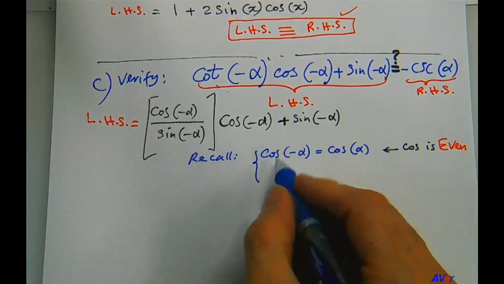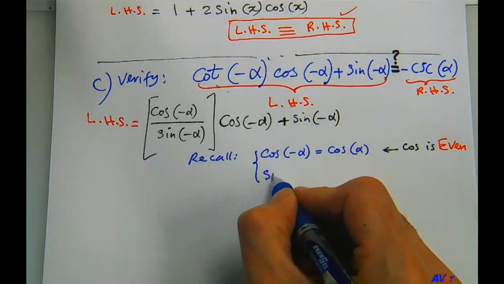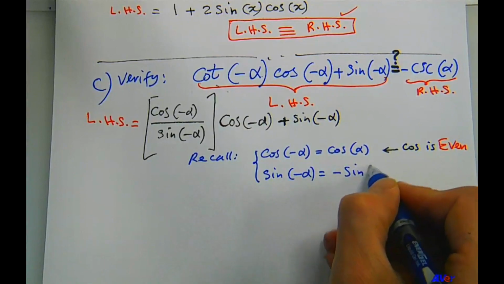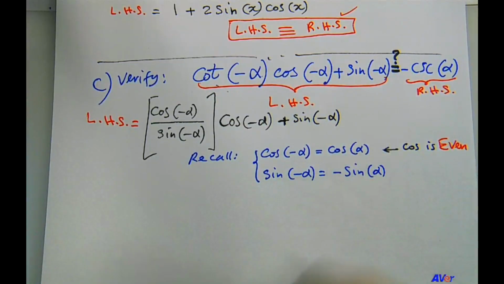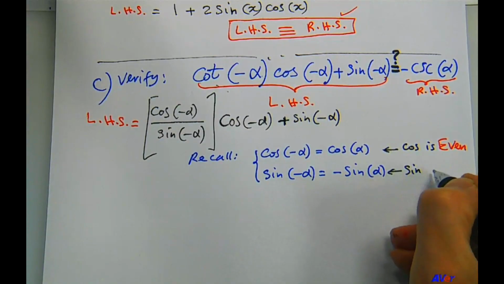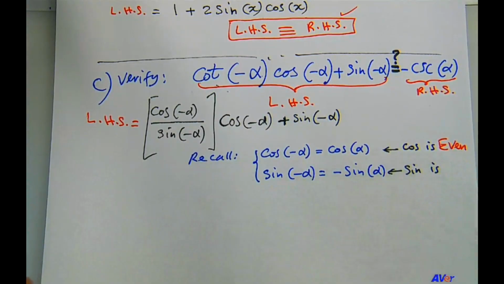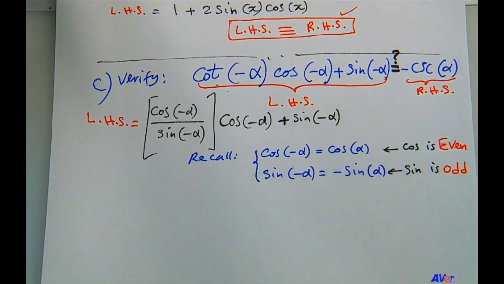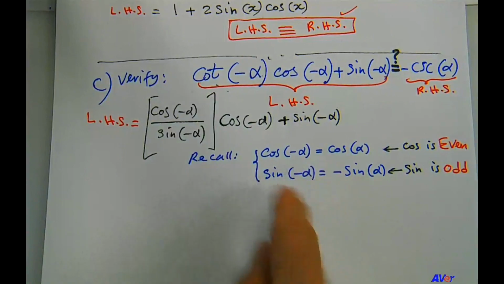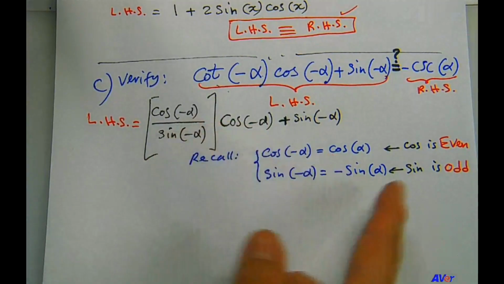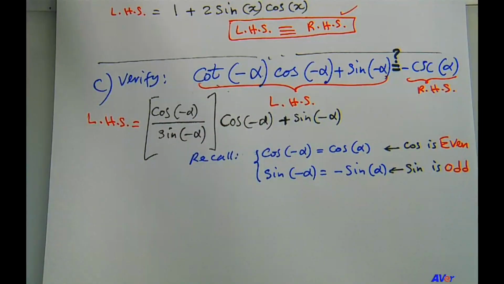And sine of negative alpha is equal to minus sine of alpha because sine is an odd function. Okay, so knowing that, let's substitute these with their equivalent even-odd forms.